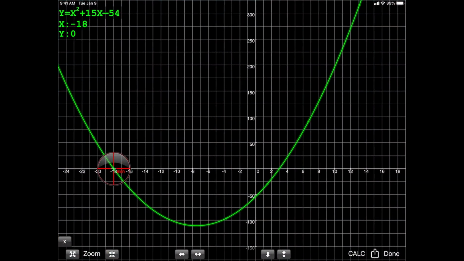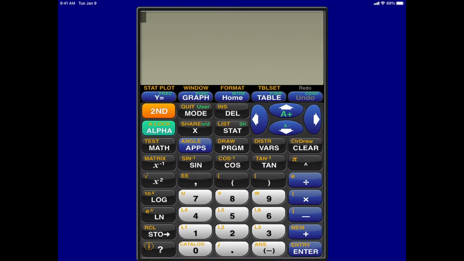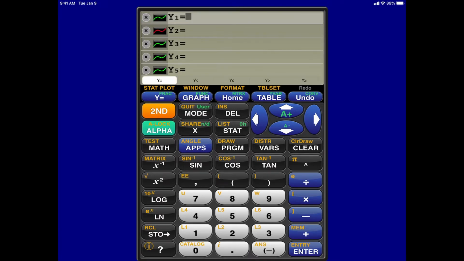You go to your calculator, press Y equals in the top left. Okay, negative is next to the decimal, not a subtraction sign. My trick is X, which is right next to alpha, squared, plus 3 times x plus 7.